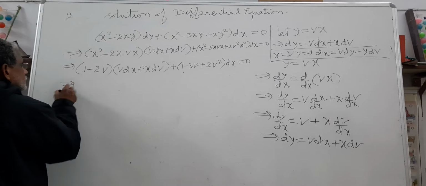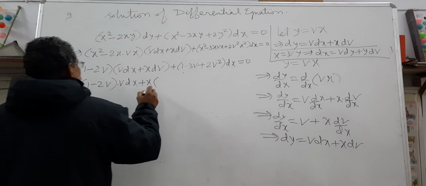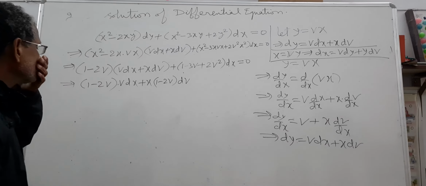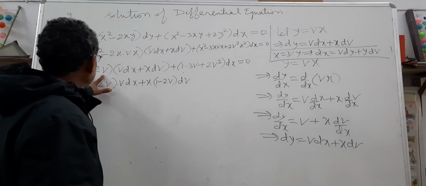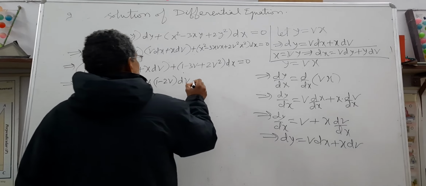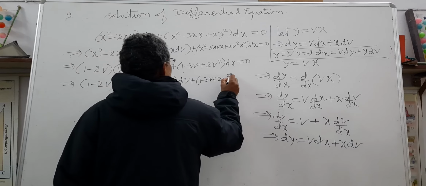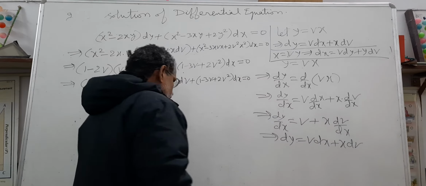This becomes 1 minus 2v into v dx plus x into 1 minus 2v dv. Distribute this in this bracket, plus 1 minus 3v plus 2v square dx is equal to 0.